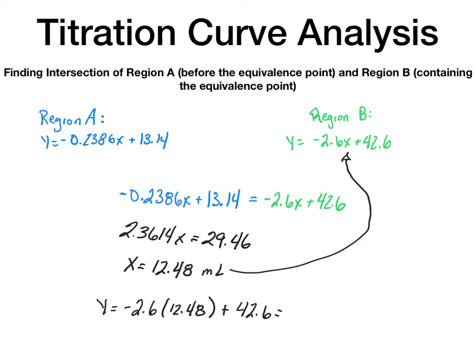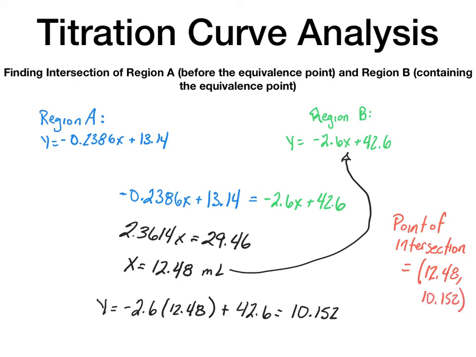And if I solve this, I get that y equals 10.152. And so this point of intersection is x is 12.48, comma, y value 10.152. And this is an answer that we're going to use.